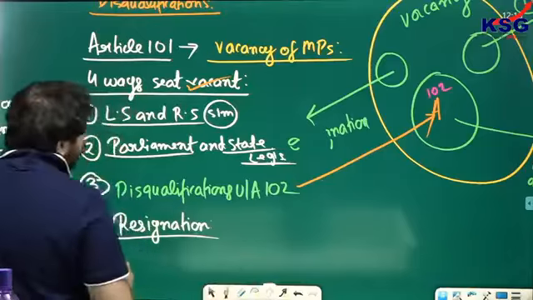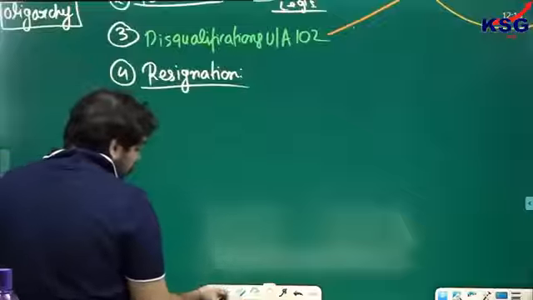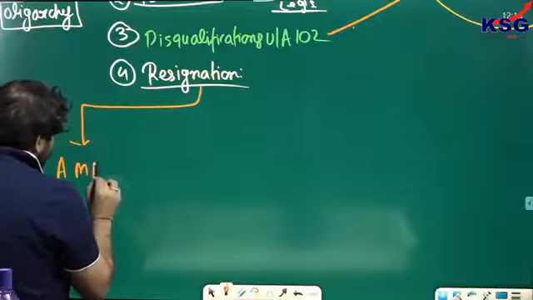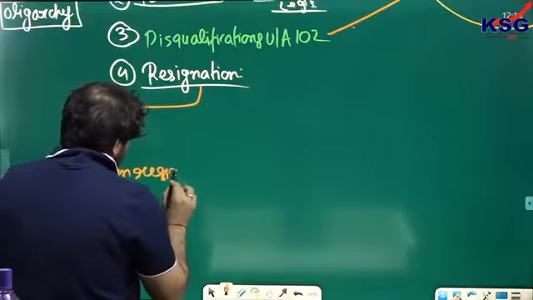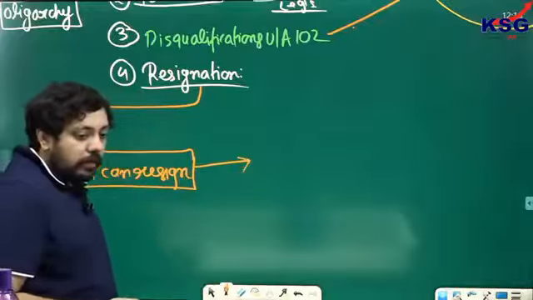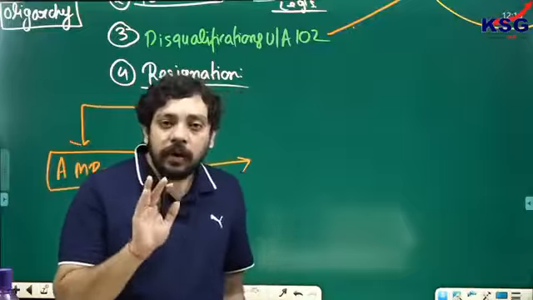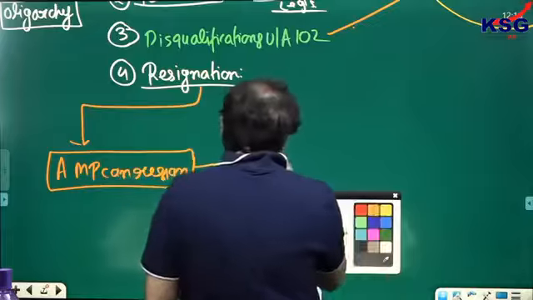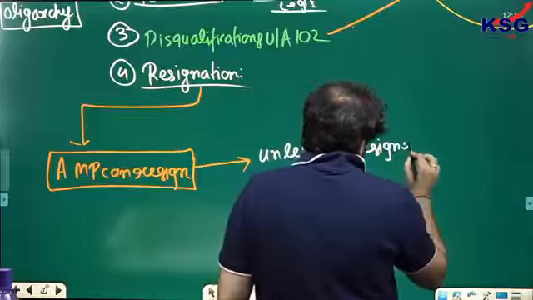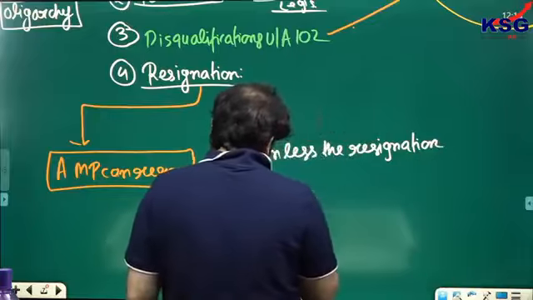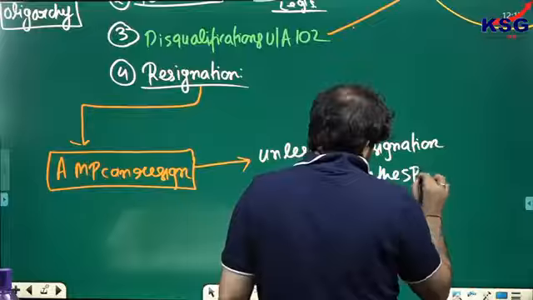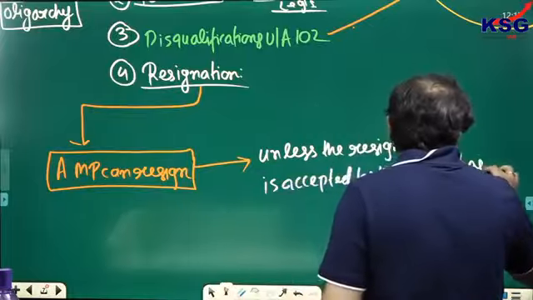Let's elaborate a little bit upon resignation. Now, the Constitution says that a member of parliament can resign from a house, but it is provided that the seat of the member of parliament cannot be rendered vacant unless the resignation is accepted by the speaker or chairman.